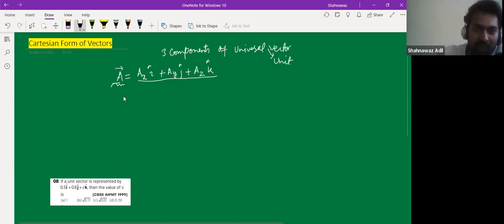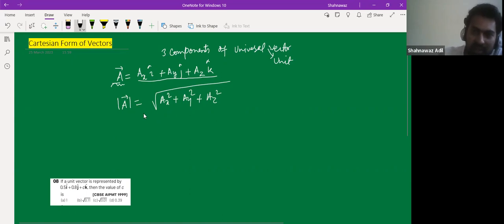Okay. So what will be the magnitude of this vector? The magnitude of this vector will be simply the square root of AX square plus AY square plus AZ square. So this is the magnitude of this vector, and what will be the direction? So as I have said earlier, what is the direction of a vector?